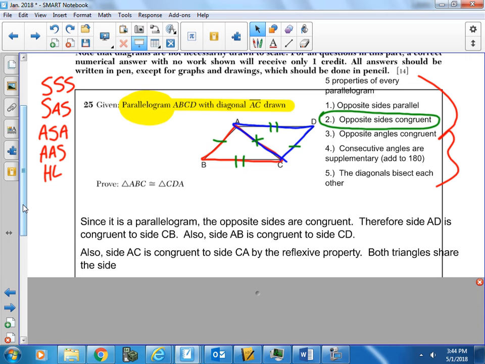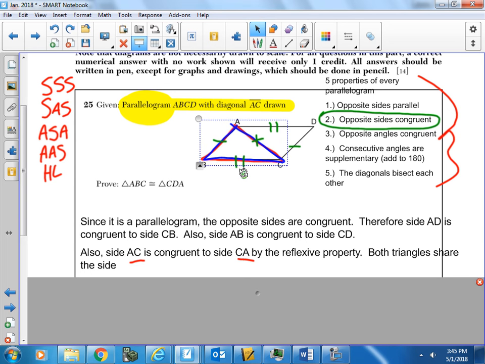Now, you might be wondering, why did I say AC and CA? Well, that's a small thing, but if you were to place the blue triangle on top of the red triangle here, you would notice that the A vertex of this blue triangle would land on top of C. So that's why I have AC is congruent to CA, because technically that would be the proper way to say it.